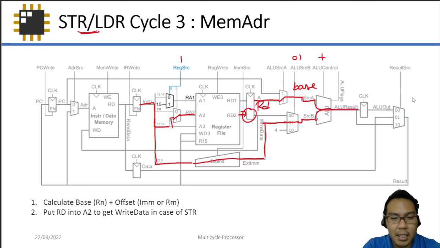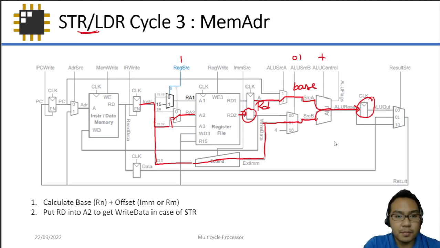So Rn, which was mentioned in the last slide, now contains the base for this instruction, and it goes into this register over here that will contain the target address.